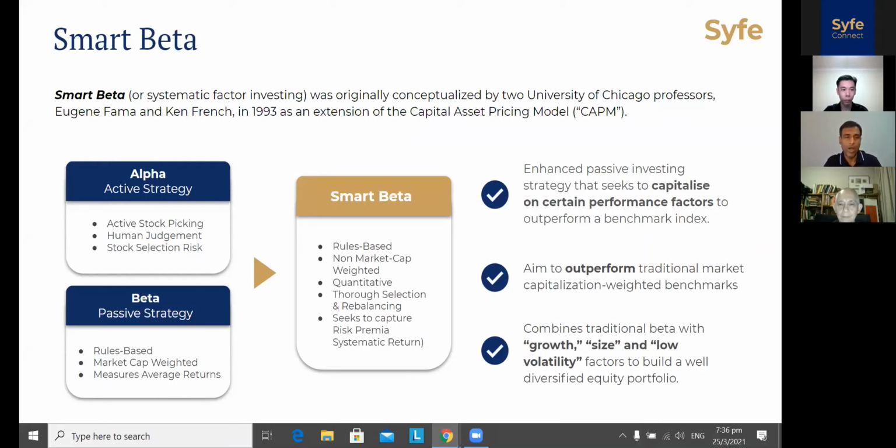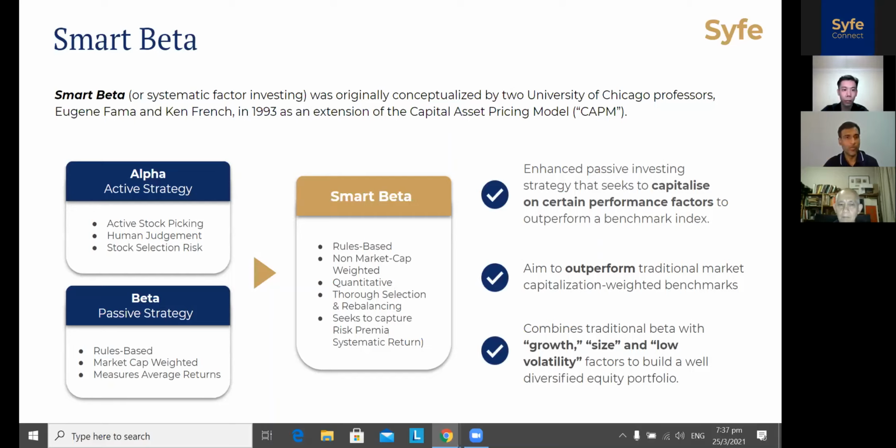Now, while that gives you good returns and it will give you market returns, what has been observed is you can actually generate better returns if you systematically capture certain risk elements that drive returns beyond the beta that you're getting from these market factors where you are investing on a global basis.